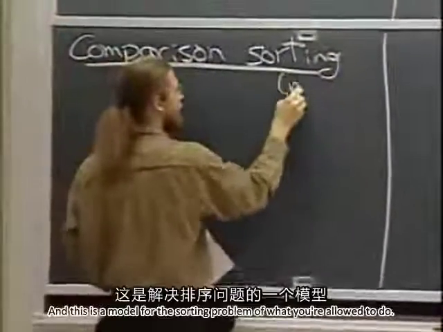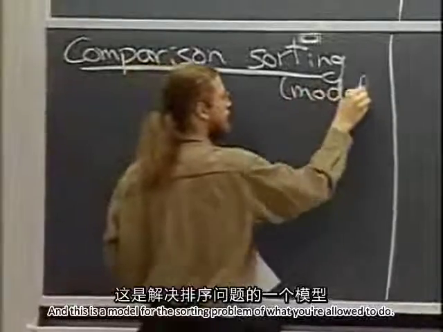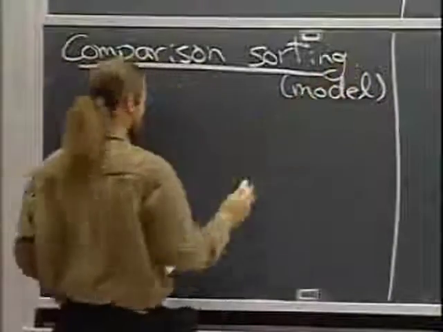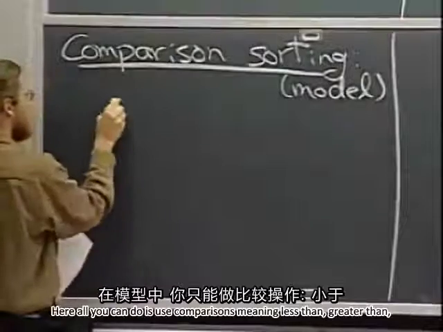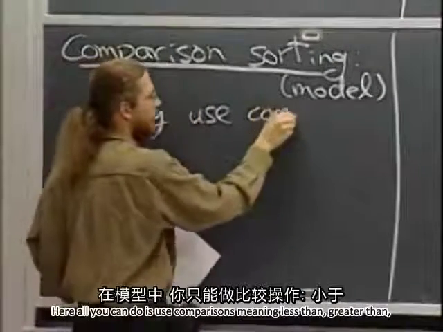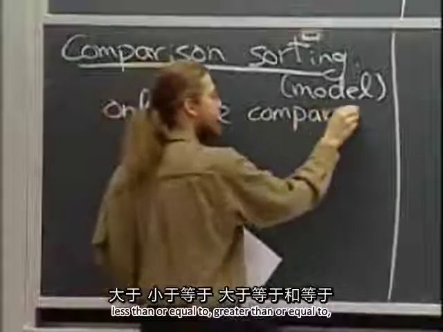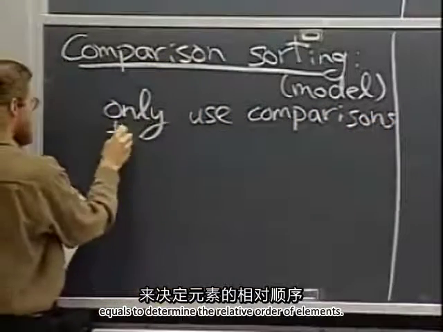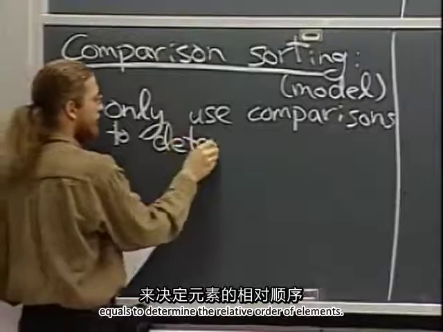And this is a model for the sorting problem, what you're allowed to do. So here all you can do is use comparisons, meaning less than, greater than, less than or equal to, greater than or equal to, equals, to determine the relative order of elements.